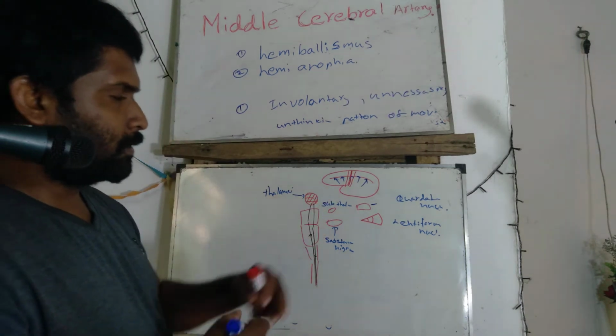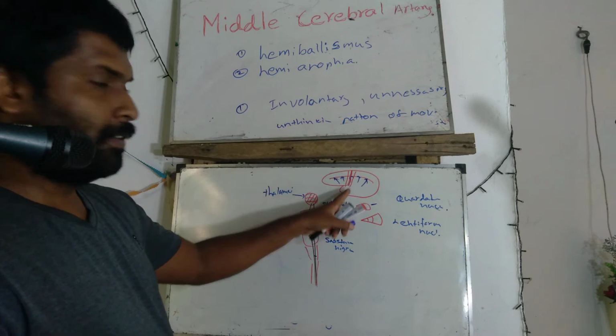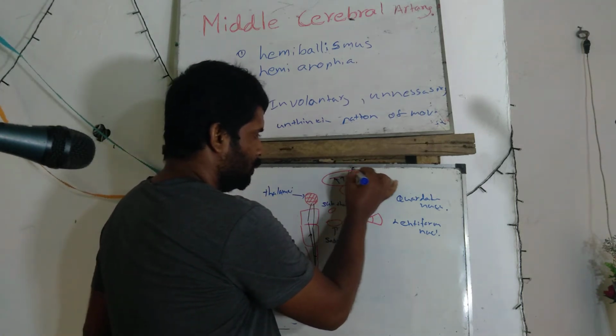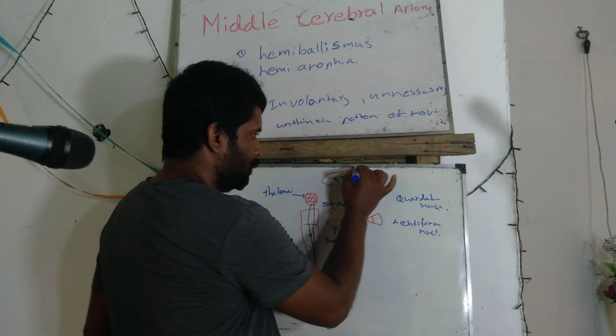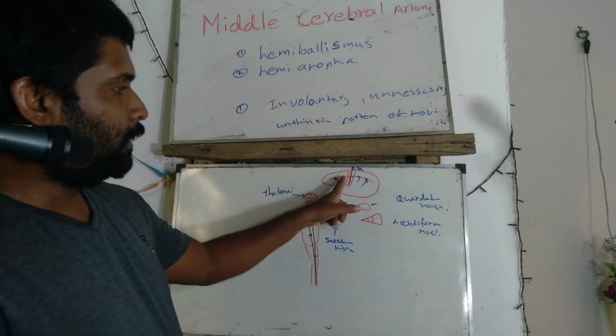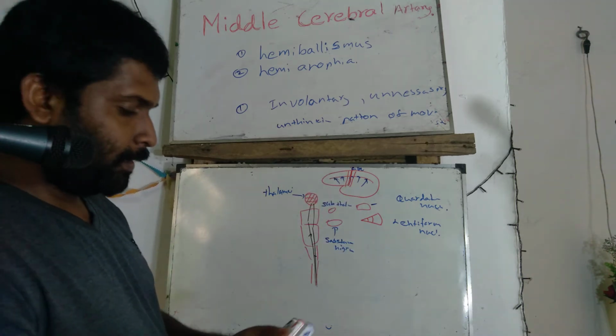This is the central gyri. Anteriorly are the supplementary premotor area and motor area.